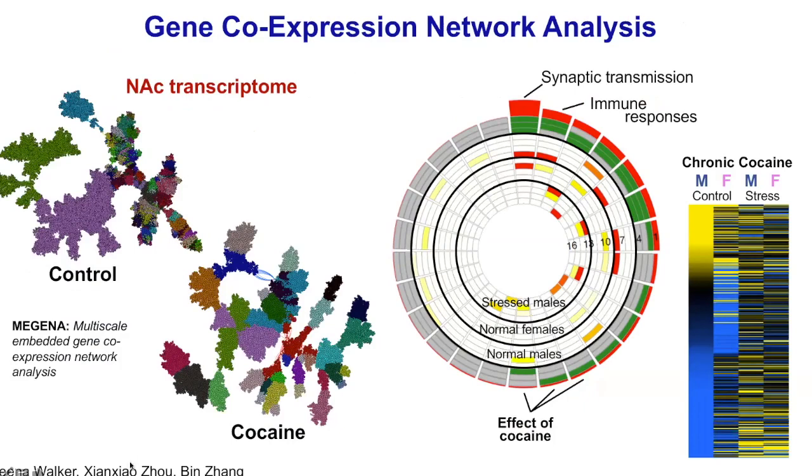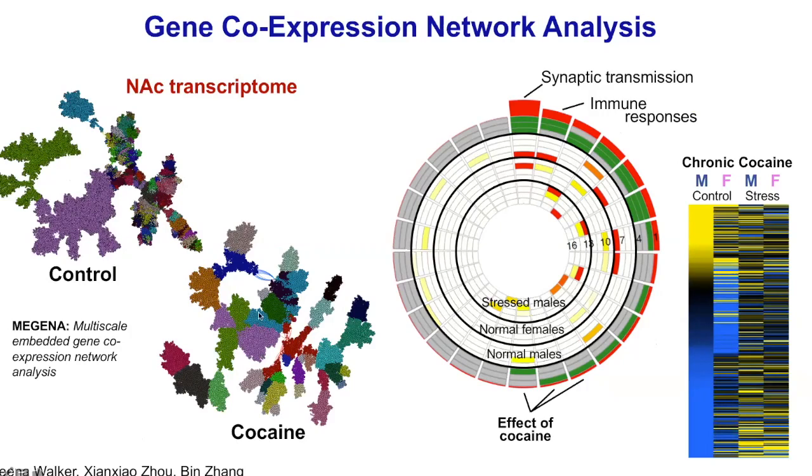And we've been working with Shansha Zhou and Bin Zhang at Mount Sinai with one particular approach, abbreviated MEGANA, which gives you the chance to break the genome into correlated modules or networks of genes that are co-regulated within our data sets. This gives you a view of the entire transcriptome of the nucleus accumbens under control or cocaine conditions.